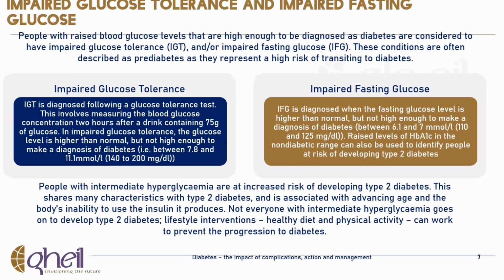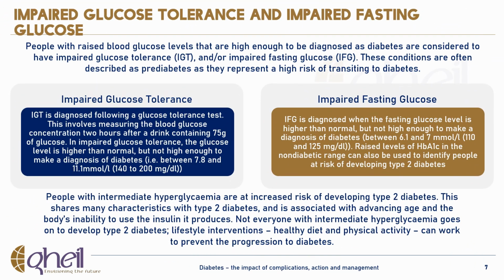Impaired glucose tolerance is diagnosed following a glucose tolerance test. This involves measuring the blood glucose concentration 2 hours after a drink containing 75 g of glucose. In impaired glucose tolerance, the glucose level is higher than normal, but not high enough to make a diagnosis of diabetes, which means between 7.8 and 11.1 mmol/L, 140 to 200 mg/dl.